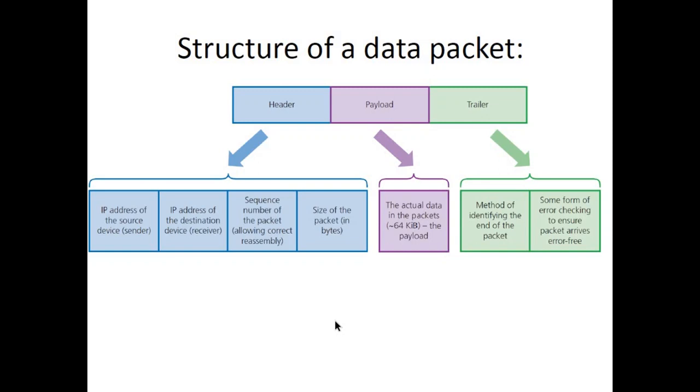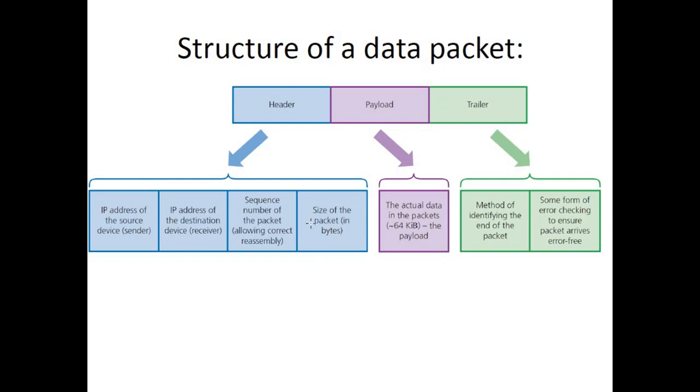If the packets do not have a sequence number and they are joined together in any other combination other than the original combination, then the message can be altered or it may become corrupt and totally unreadable.